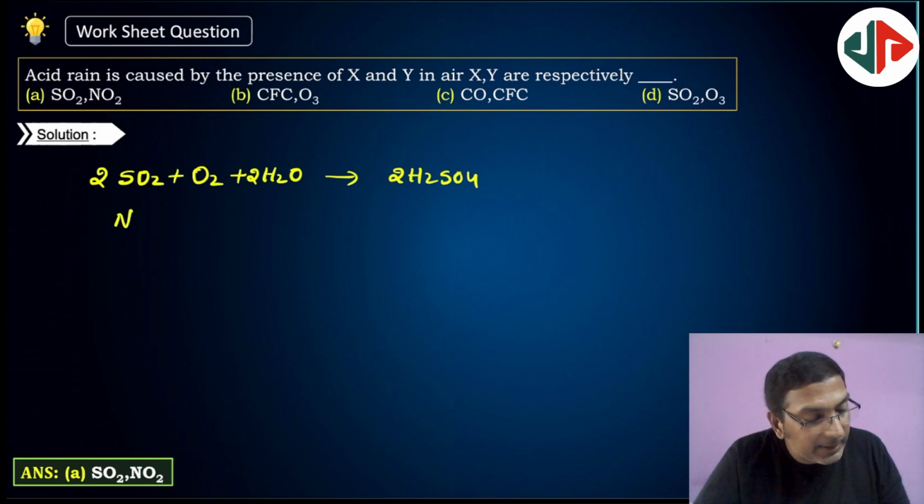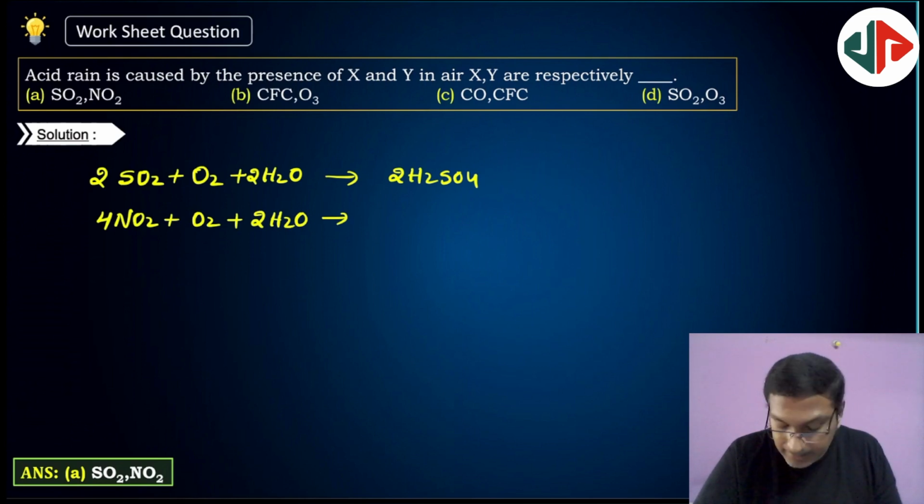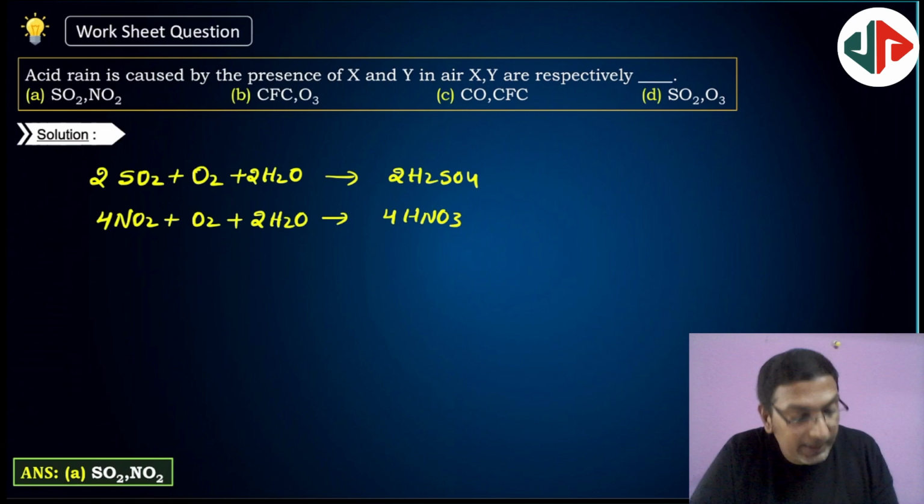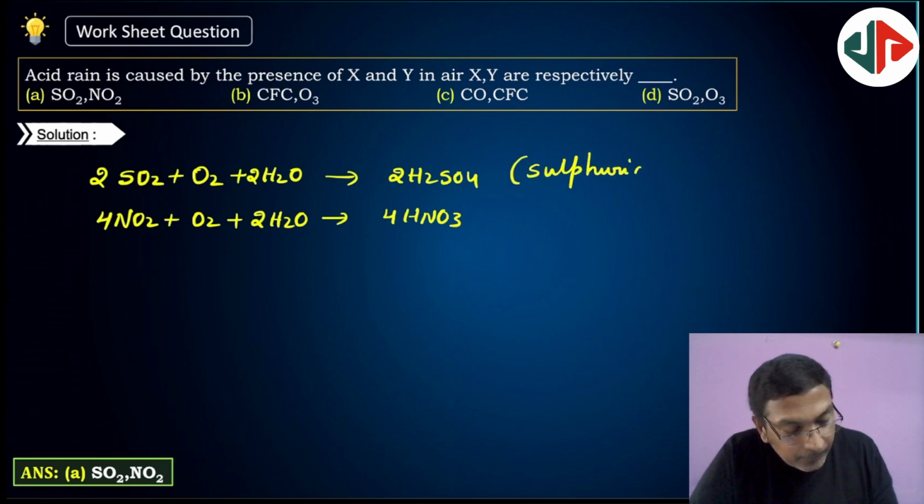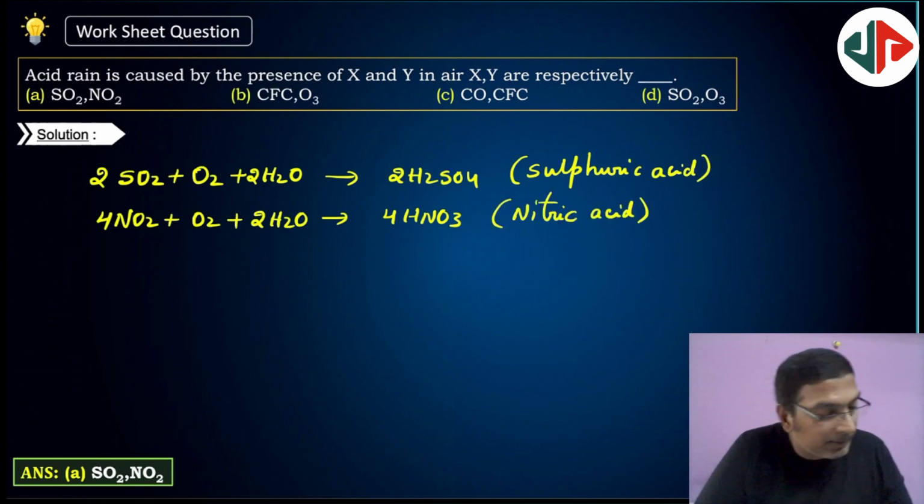Similarly, 4NO2 plus O2 plus 2H2O gives 4HNO3. Sulfuric acid and nitric acid are responsible. Therefore, A.